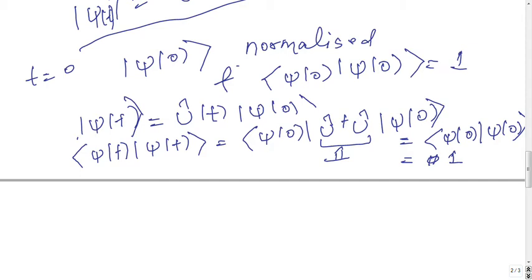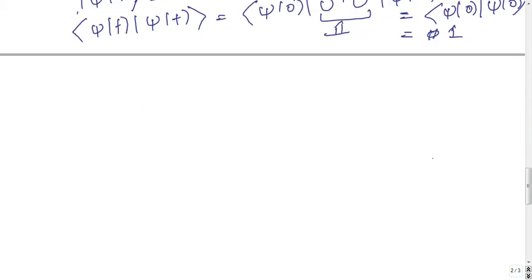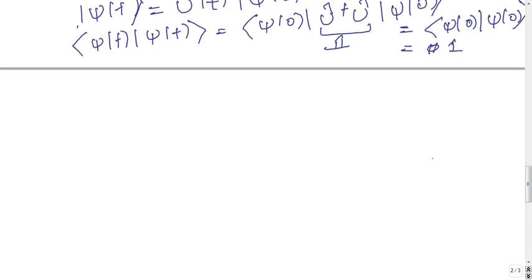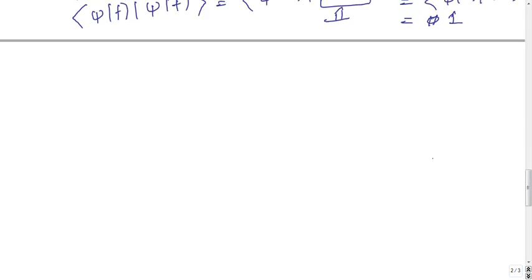So before moving to the next postulate, I want to introduce the quantum physics of angular momentum, which is very important for the control of qubit systems or two level systems. Before that, I want to introduce you to the special form that the operator corresponding to the momentum variable takes.